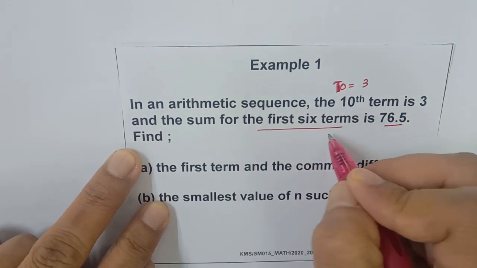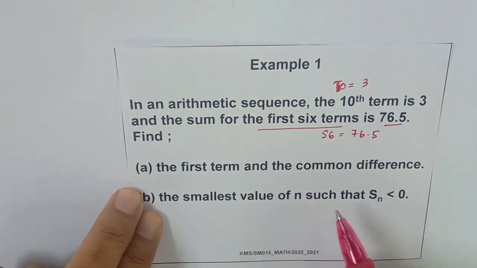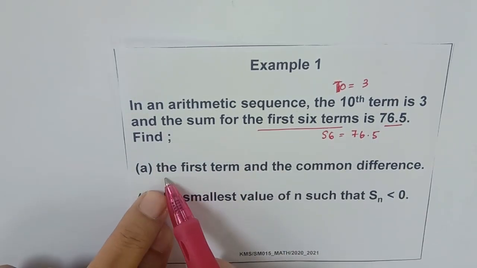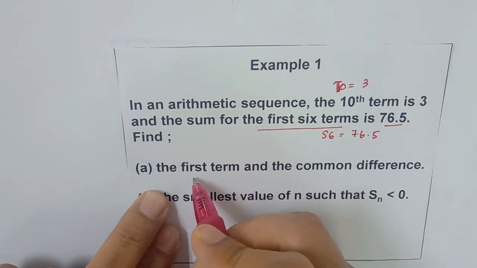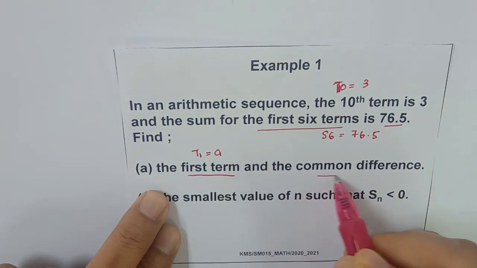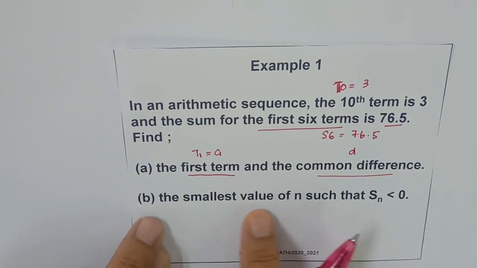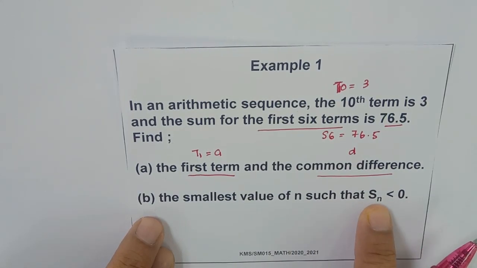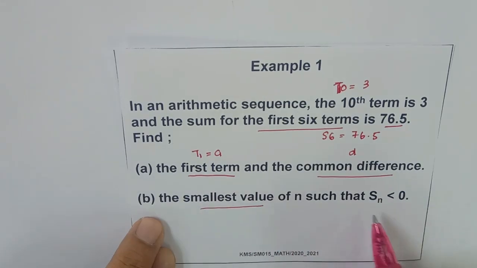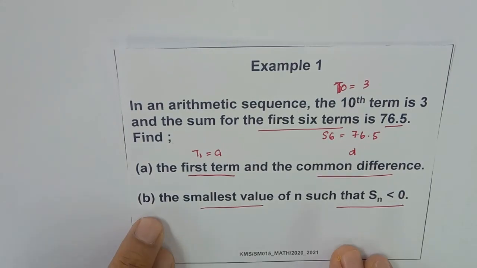The sum of the first 6 terms S6 equal to 76.5. So the question asks you in part A to find the first term, T1 or a, and the common difference d. Question B, find the smallest value of n such that Sn is less than 0.